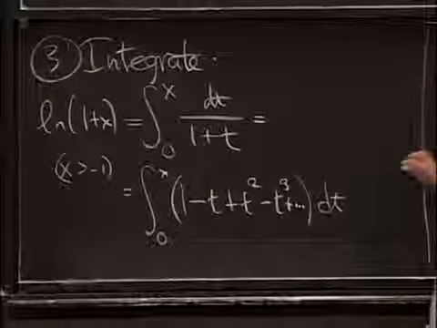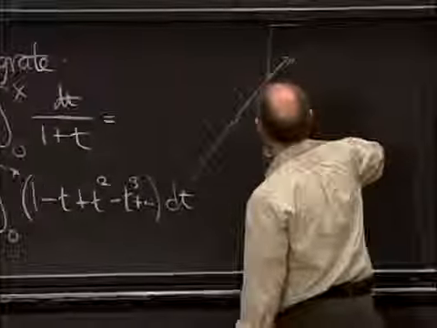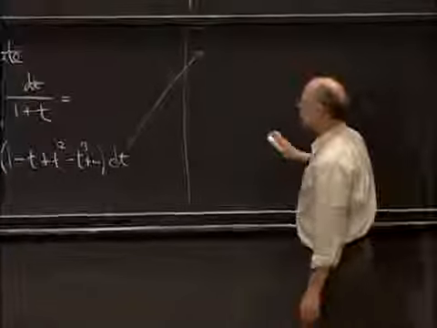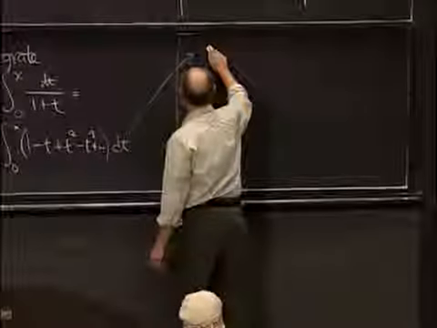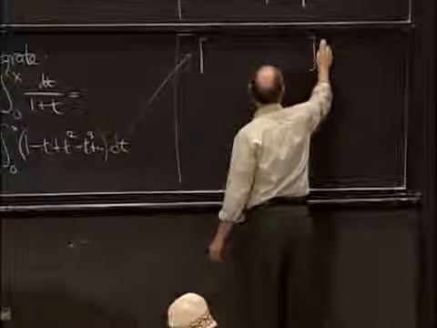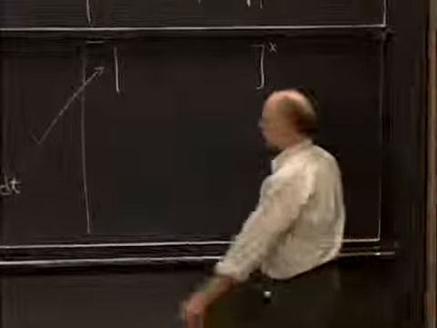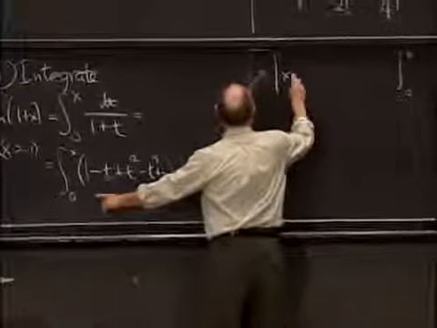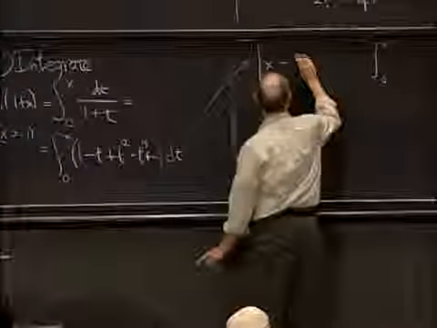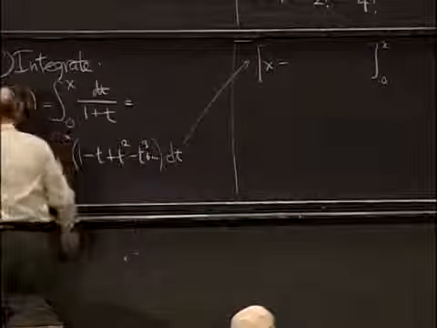And now it's legal to integrate that term by term. So let's do that. I'm going to get something which I will then evaluate at x and at 0. So when I integrate 1, I get x.